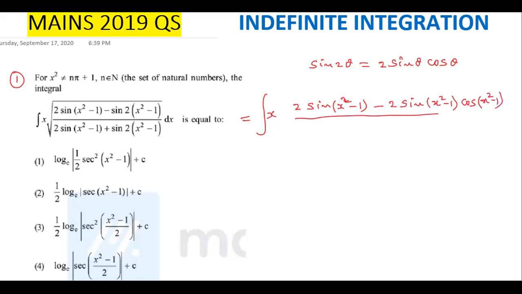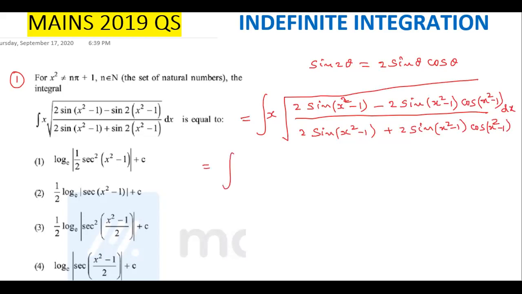Same like that in the denominator also: 2 sine of (x square minus 1) plus 2 sine of (x square minus 1) cos of (x square minus 1) dx, and whole root.